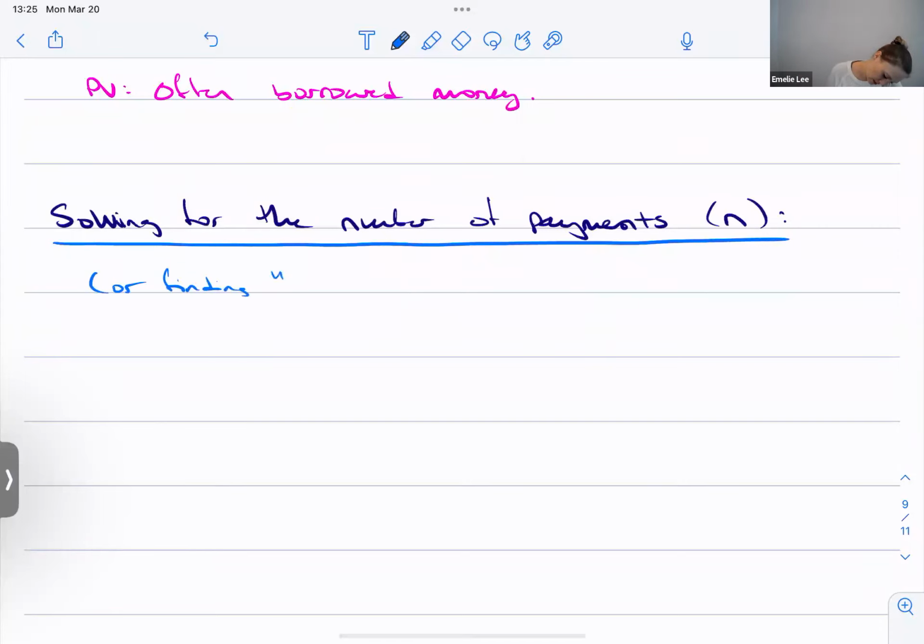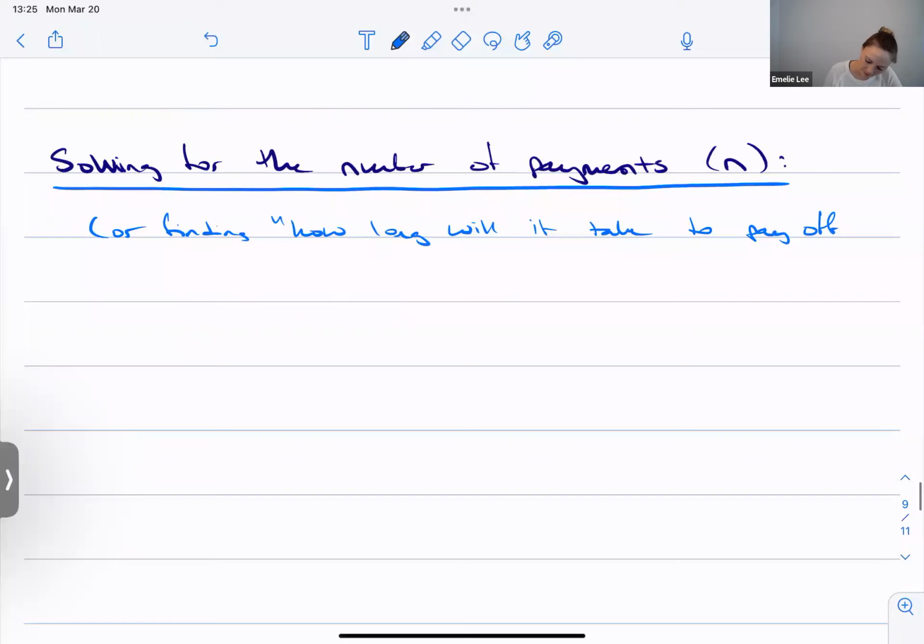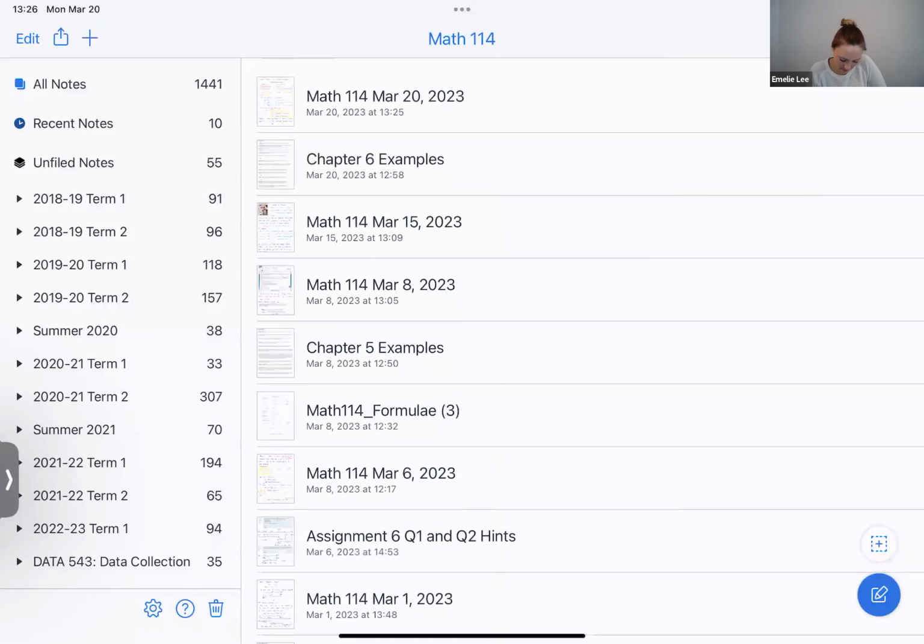Or finding how long will it take to pay off or save some amount, right? That is usually the type of problem that we're going to find. But first I need to find N and then I can find T. We've seen that before, right? But now we have slightly more complicated calculations for N. They're not too bad, but still.